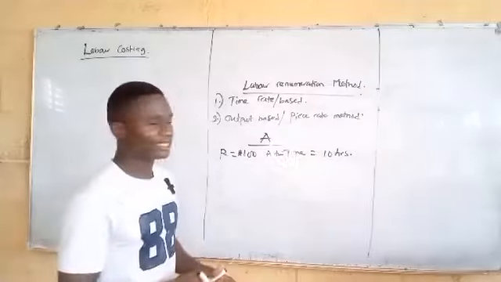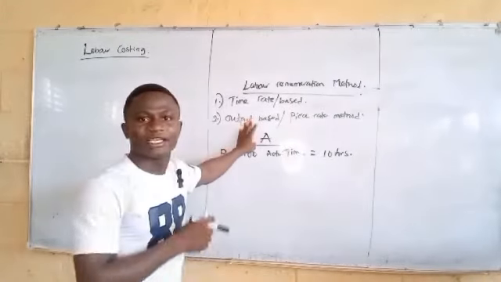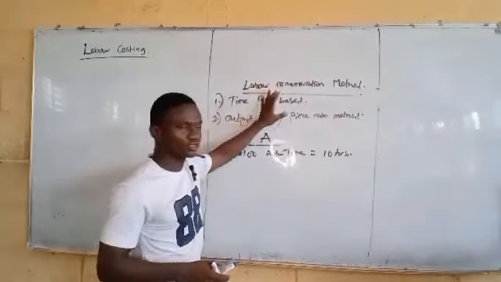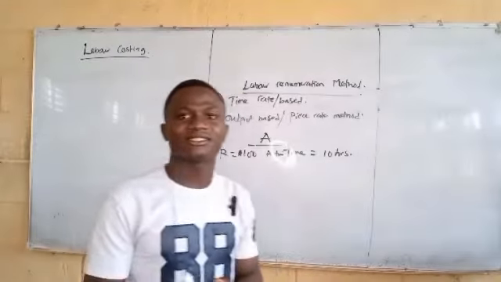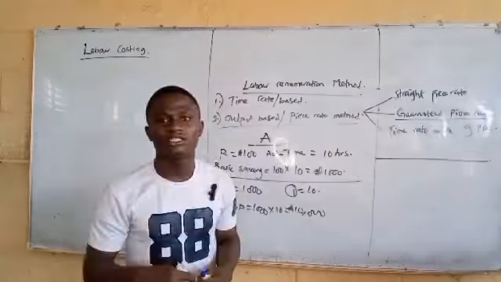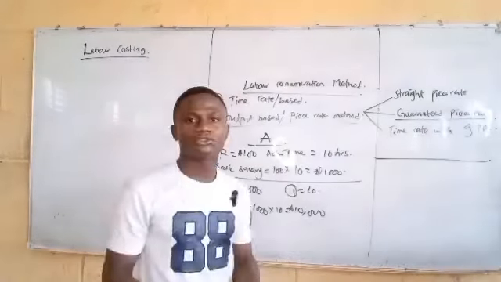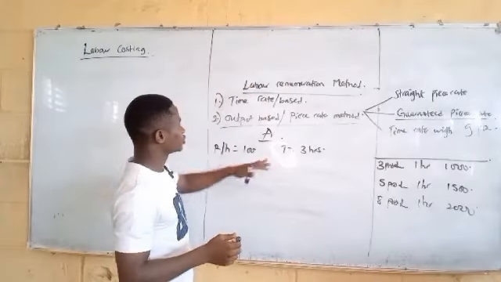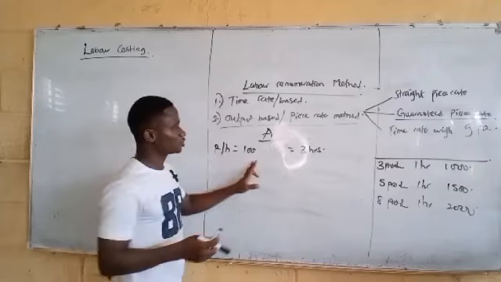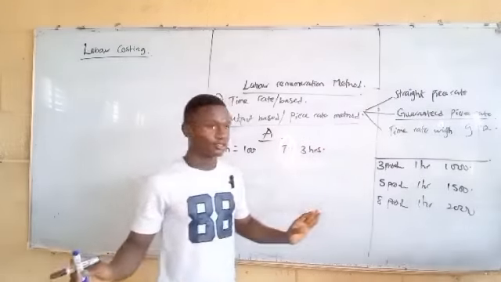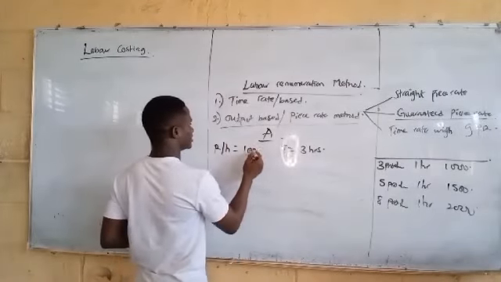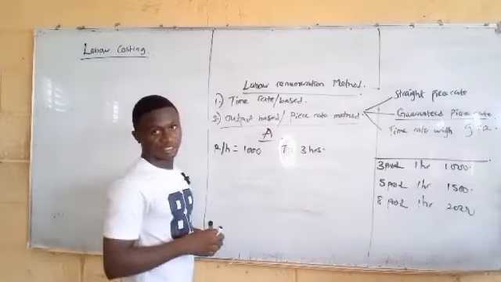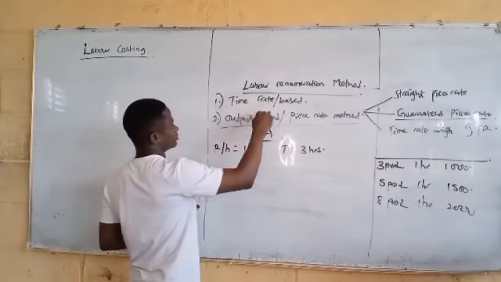If I'm to pay my employee on time rate, it is very simple. Or let's say the rate per hour is 8,000 and you work for 3 hours. So this is based on time.